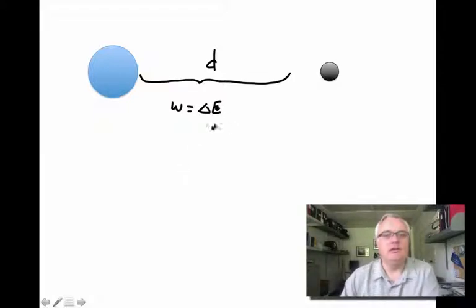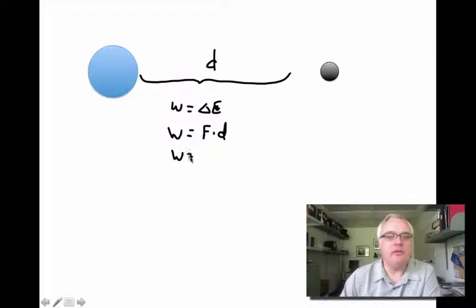In order to change the energy, we have to exert a force over that distance. Work equals force times distance. Now, the force that we're going to exert, obviously, is Newton's universal law of gravity, G times m1 times m2 over r squared. And then we're going to multiply that by d.